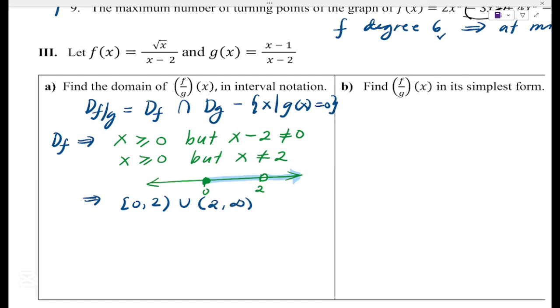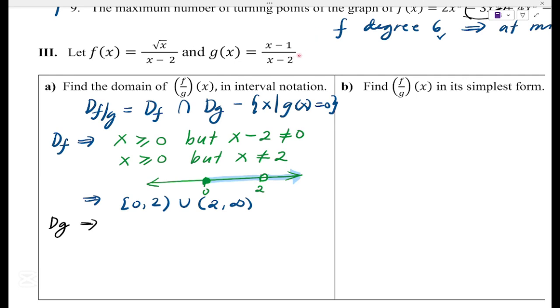Now, let us proceed with the domain of g. For the domain of g, we can see that g is a fraction with x minus 1 in the numerator and x minus 2 in the denominator. Let's take a look at the numerator first. Since the numerator is x minus 1, which can be 0 or any real number, this is a polynomial function and the domain is any real number, so there is no problem with the numerator.